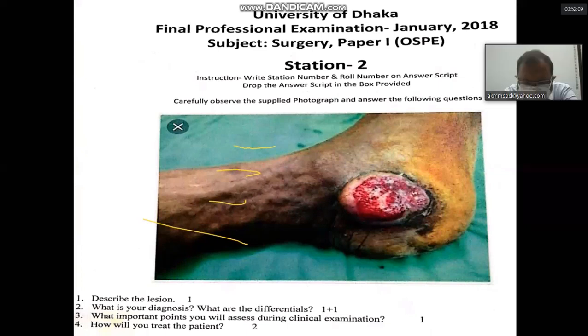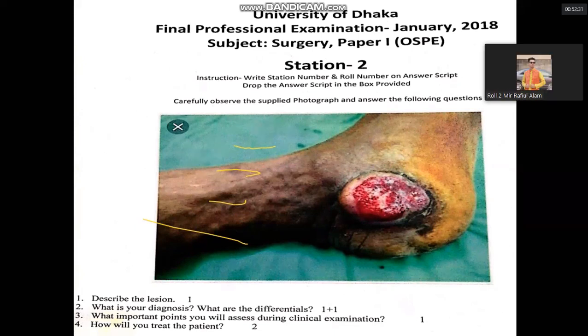What is your diagnosis? There is squamous cell carcinoma of the foot. Non-healing ulcer. Why have you said that it is a non-healing ulcer? Sloughing. And why are you saying it is a squamous cell carcinoma?